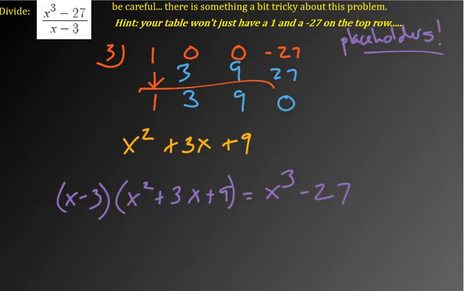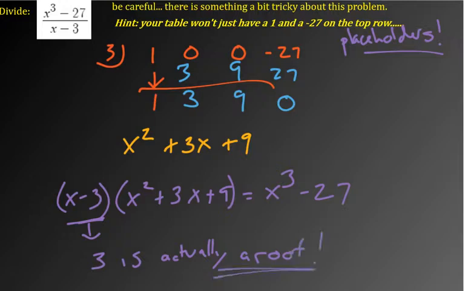And more importantly, it means that 3, which we had called a root, like root in question mark sort of, is actually a root. Okay? Basically, it divided in perfectly with no remainder. Just like if we take 12 and we do long division with 3 or something, we get 4 up here, and then we get no remainder.